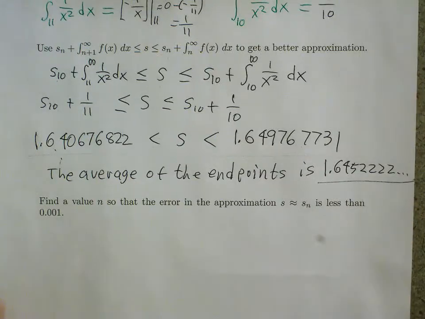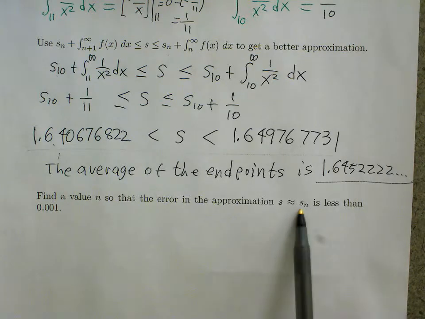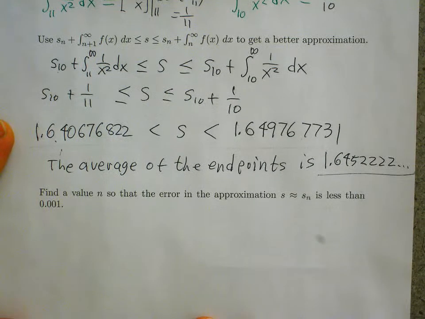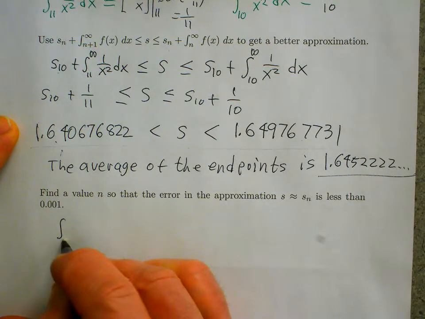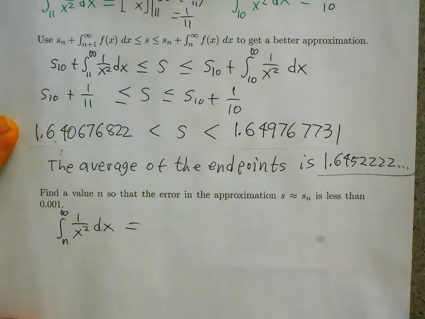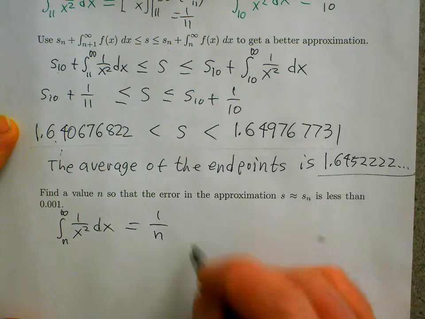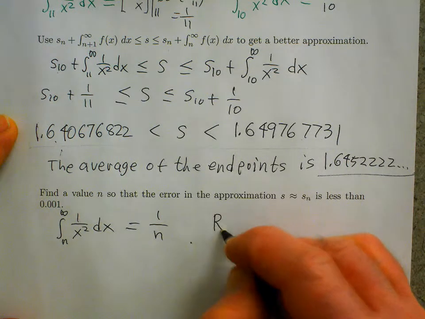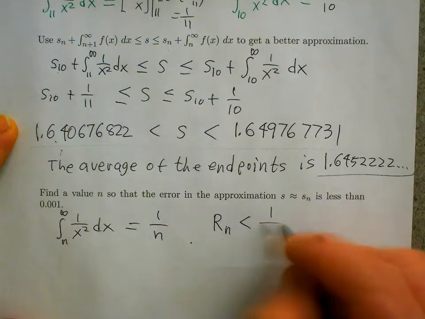Okay, the next thing, find a value n so that the error in the approximation s is approximately equal to s sub n is less than 1/1000th. Okay, so the improper integral from n to infinity of 1 over x squared dx. Well, we've already done the work. This should be equal to 1 over n. And so the error, r sub n, is less than 1 over n.